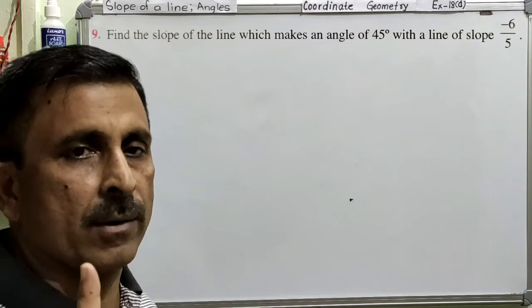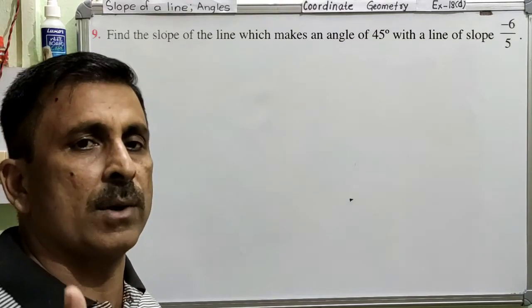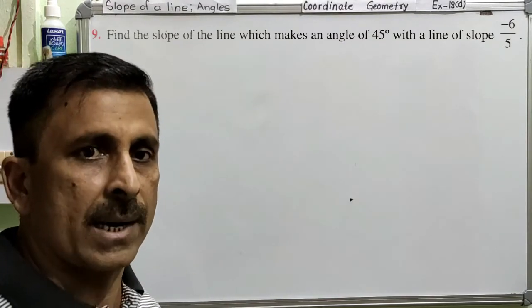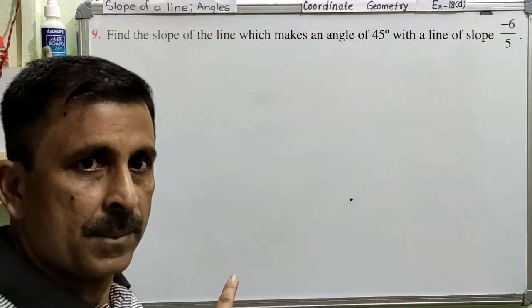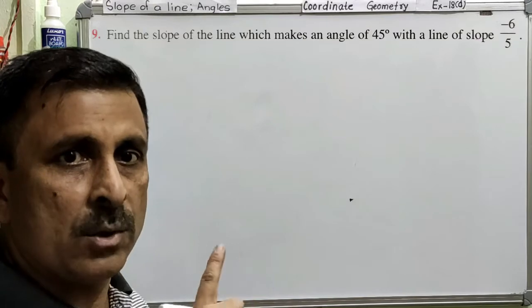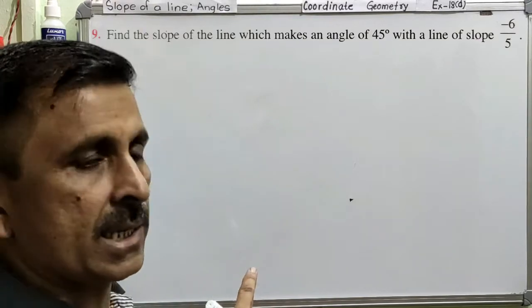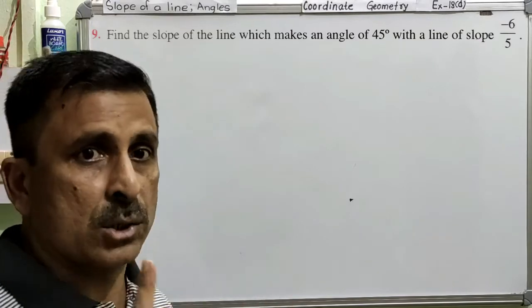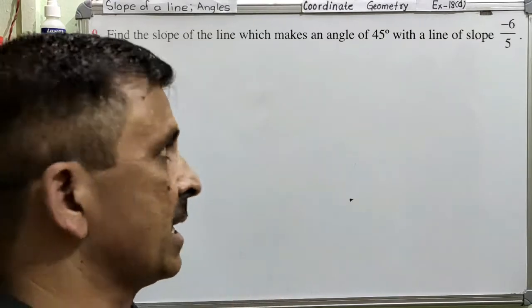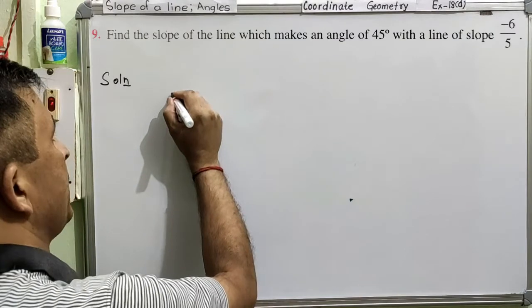If one angle and one slope is given, and you are asked to calculate the slope of the other line, we will still use the angle between two lines formula, which we have already seen in the previous question, question number 8. But because we are calculating slope, there will be a slight change in that formula.